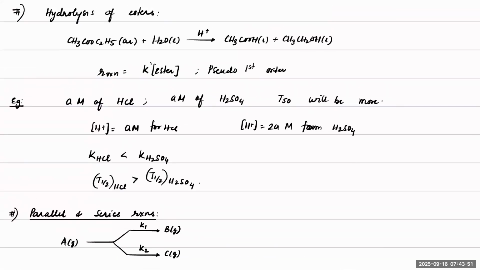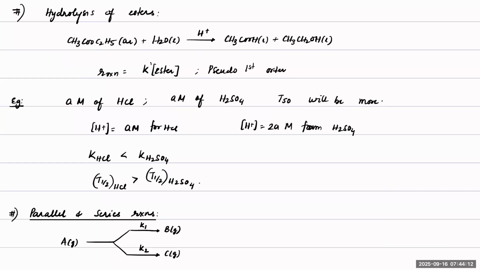Now, the next thing you need to learn is about hydrolysis of ester. Ester hydrolysis is also a pseudo first order reaction, but it requires a catalyst for making the reaction go more in the forward direction. Suppose I have a molar HCl or a molar H2SO4, you know what happens to t50.